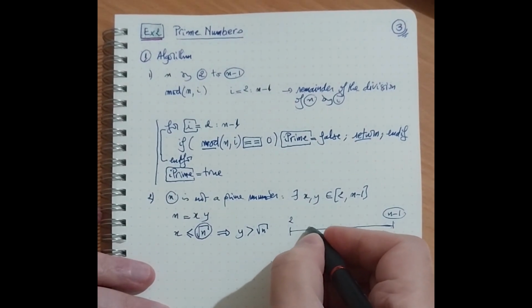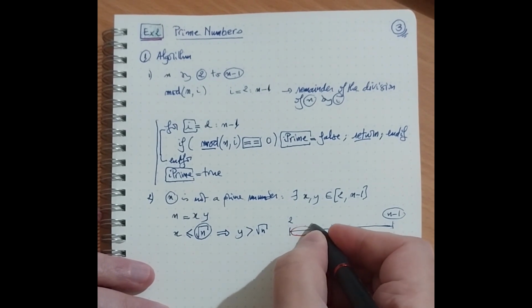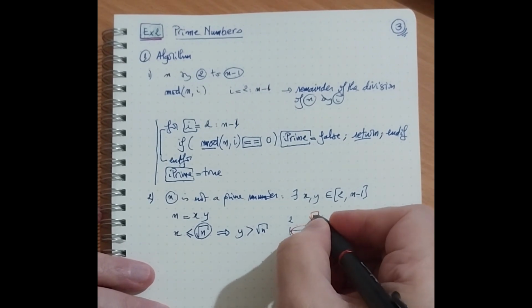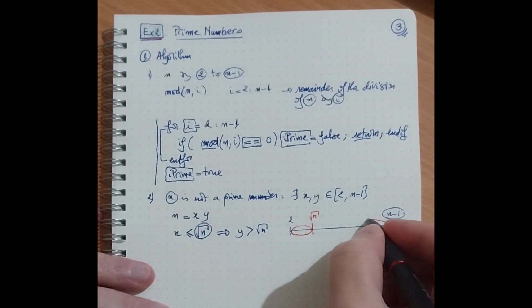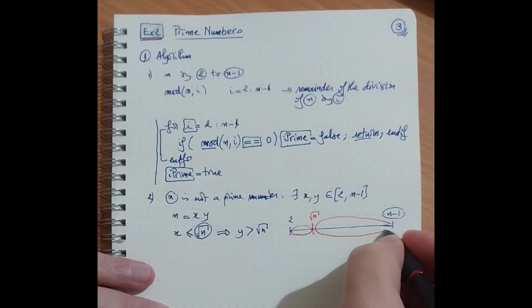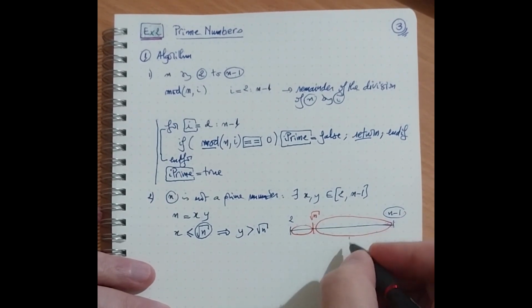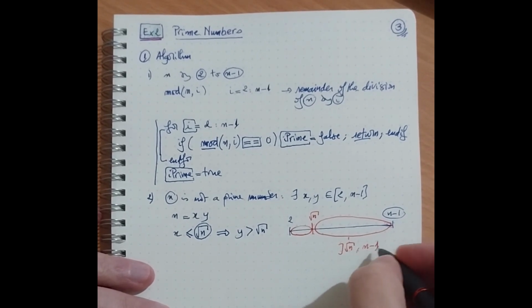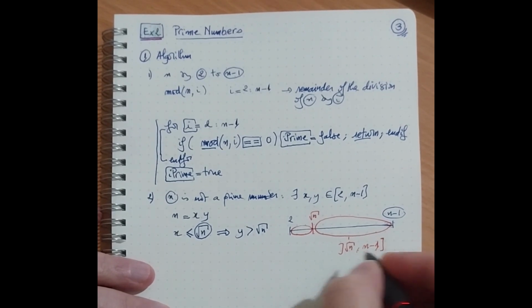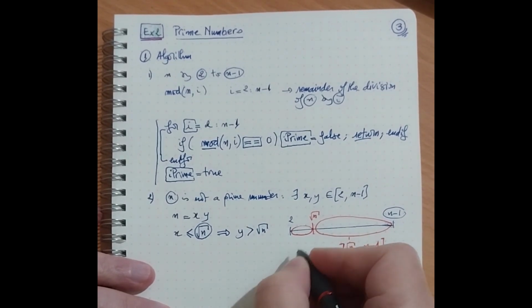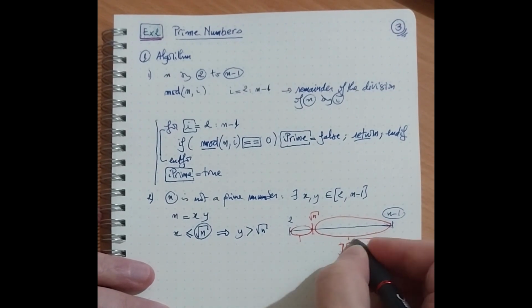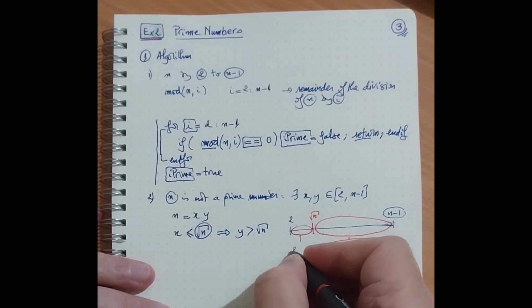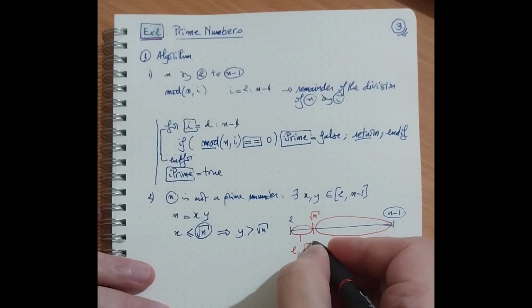A smaller set that ends at the square root of n, and another larger set from the square root of n till n minus 1, where the square root of n is not included. The other set is from 2 till the square root of n.